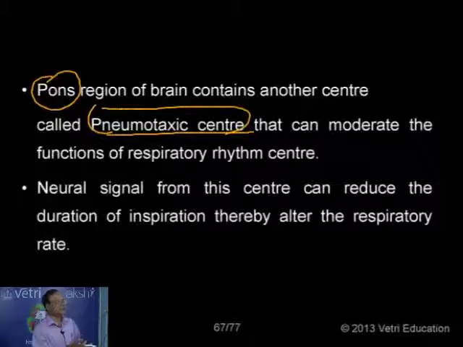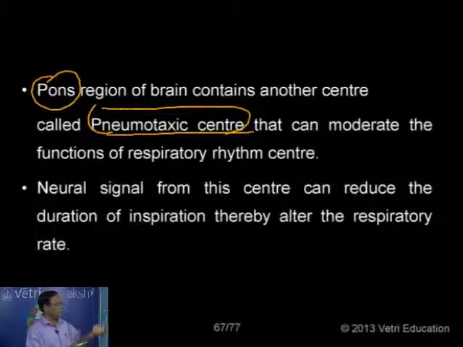The pneumotaxic center immediately sends impulses to the inspiratory center of the medulla. As a result, the expiratory process is increased and the inspiratory process is suppressed. These are cyclic events normally happening because of the regions found in the brain. The inspiratory and expiratory centers together form the respiratory rhythm center in the medulla, and these two are coordinated and synchronized by another center called the pneumotaxic center found in the pons, which can moderate the functions of the respiratory rhythm center.